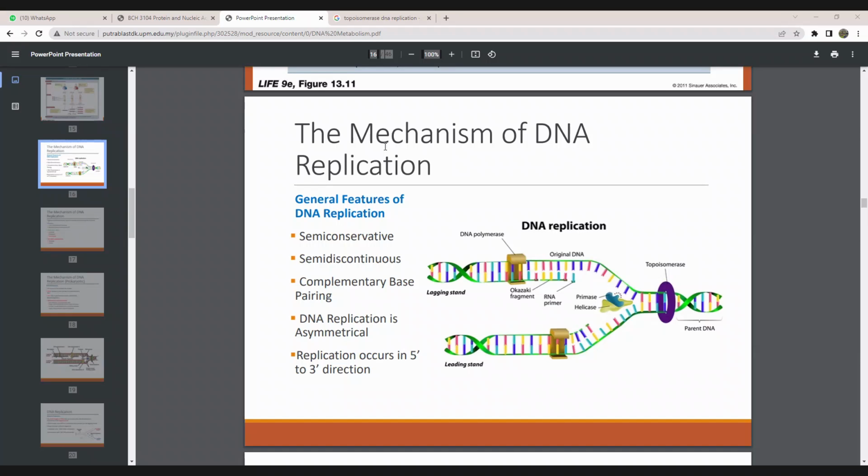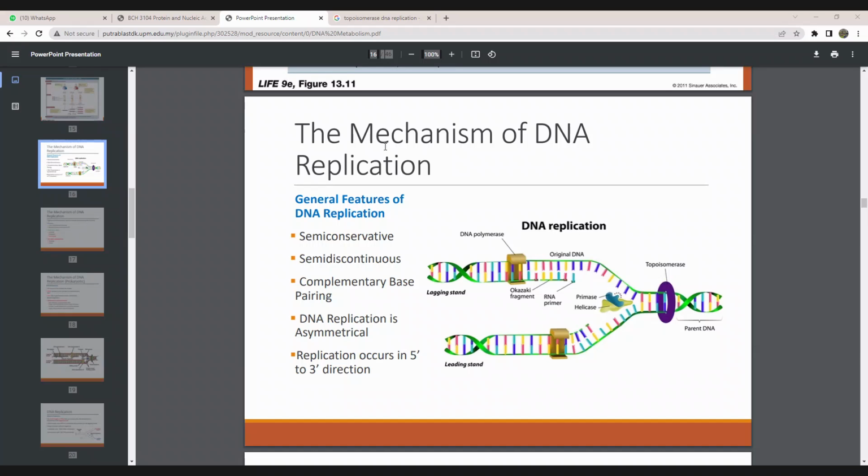So when you see the term semi-conservative, it tells you that the newly synthesized double-stranded DNA has one strand originally from the template, and another strand newly synthesized. So that explains the term semi-conservative. So how about semi-discontinuous?